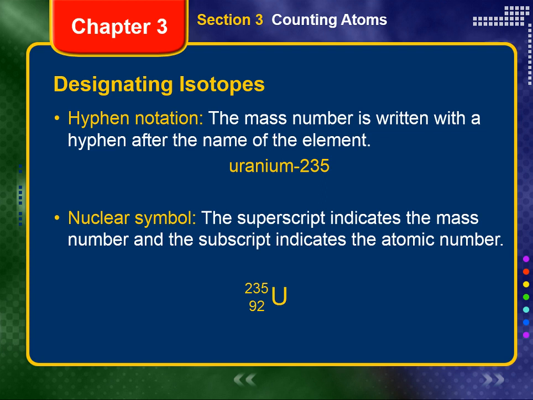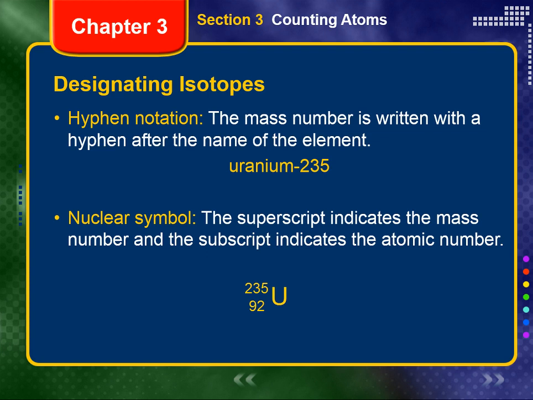The uranium isotope used for fuel for nuclear power plants has a mass number of 235 and is therefore known as uranium-235. The second method shows the composition of a nucleus as the isotope's nuclear symbol. For example, uranium-235 is shown on the screen now as a U with 235 superscripted to the left and 92 subscripted to the left.